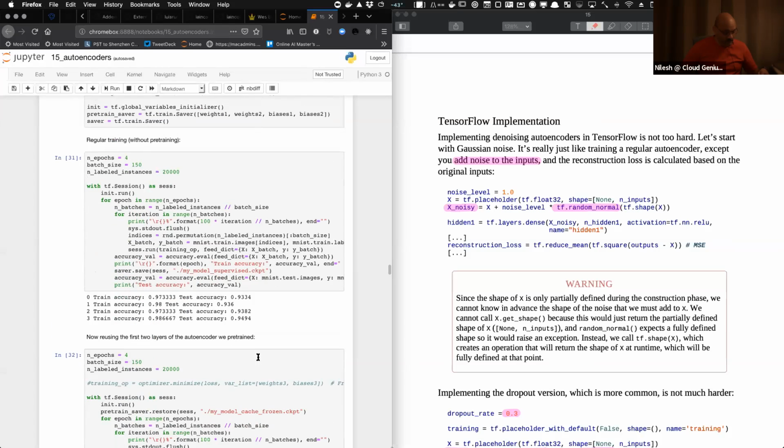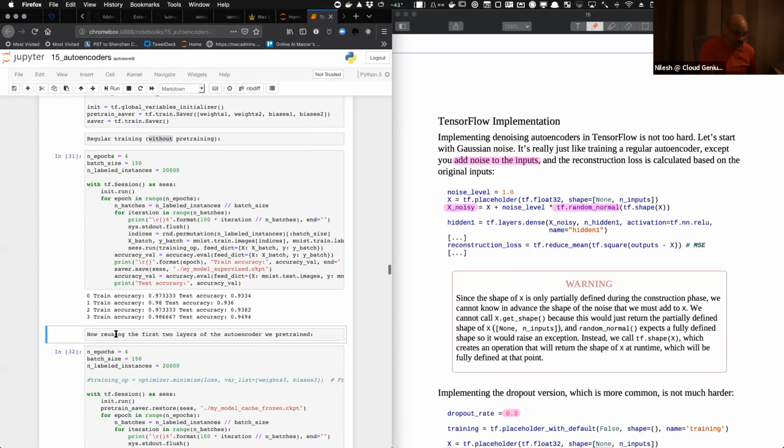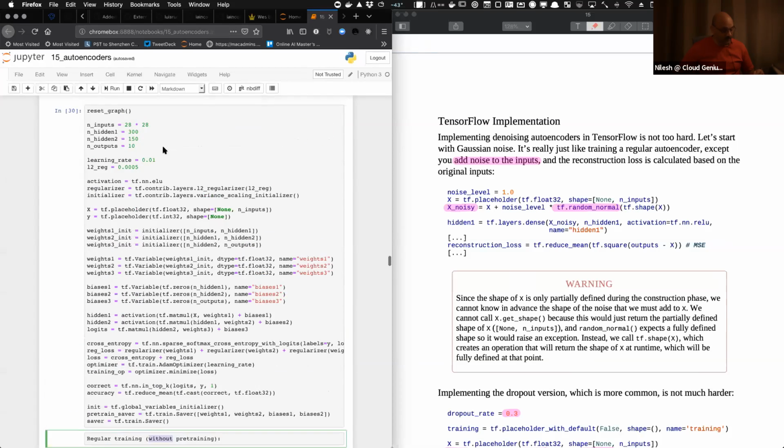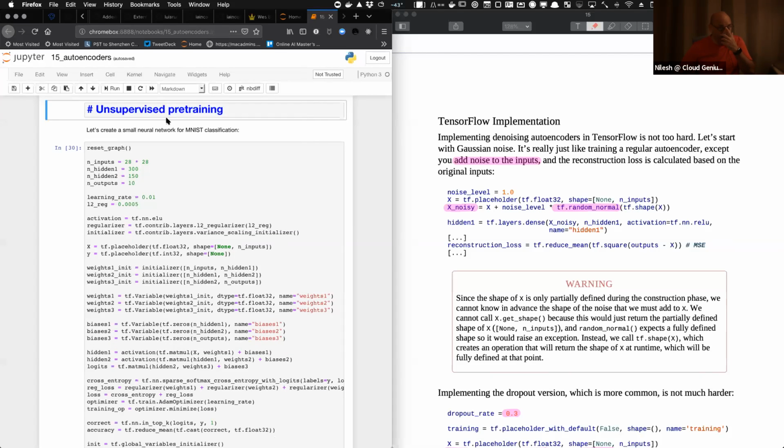The first one is without pre-training, and the second reuses the first two layers of the autoencoder that we pre-trained. And so that is your pre-train action, save or restore action. So we'll get to that. But first we have to run the without training portion. Before that, we have to run the initialization step. So it is up ahead here. And so this is your example of how you restore interim lower layers and reuse them.